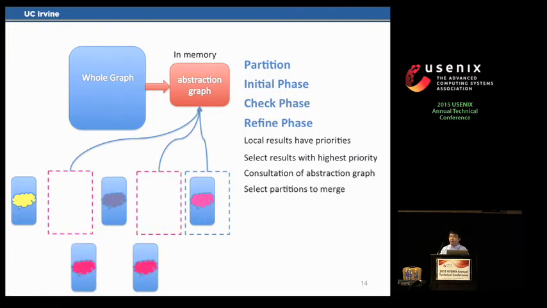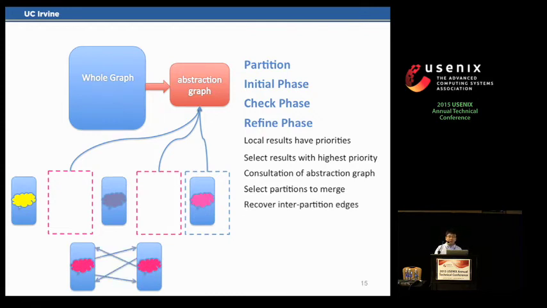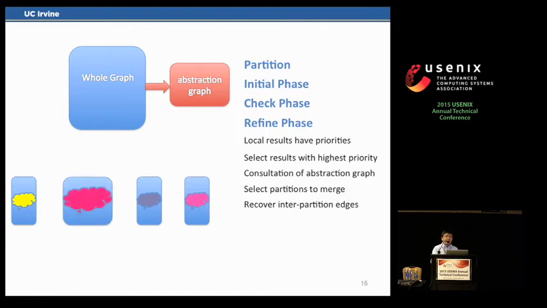After checking the abstract graph, GraphQ selects partitions to merge. Merge means loading partitions to memory and recovering inter-partition edges, which I ignored before. After merging, we have a larger partition, and we can do the vertex-centric computation on this new partition. And we have a larger scope of query answering.